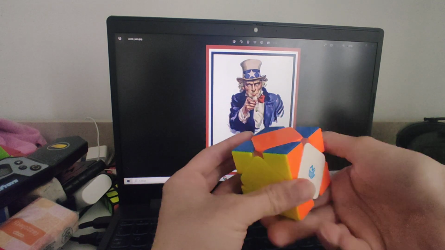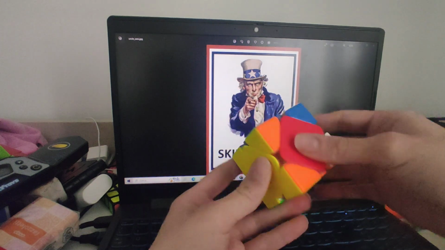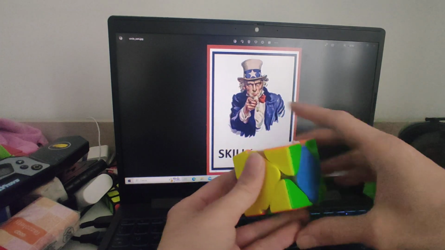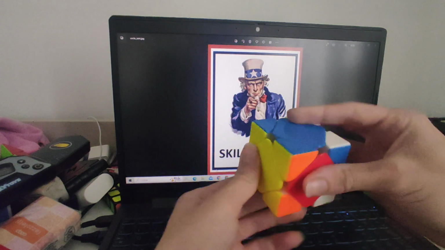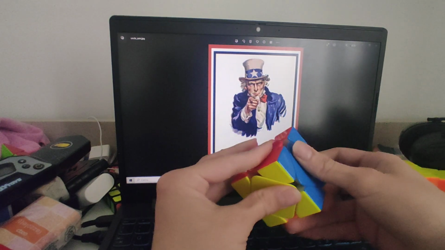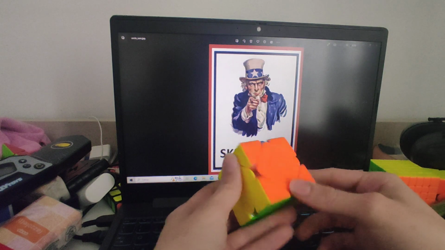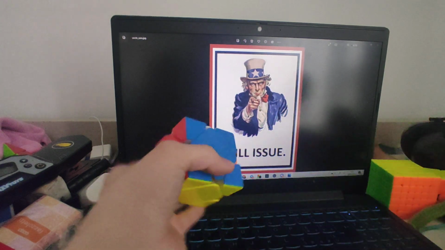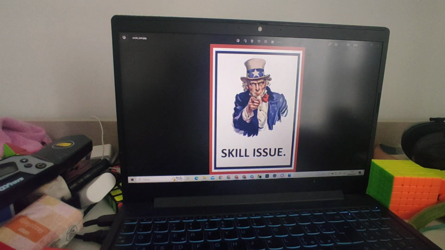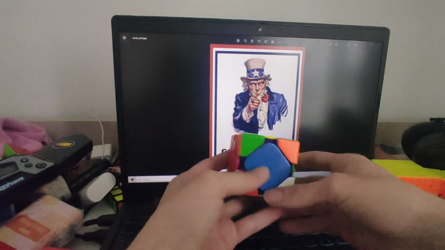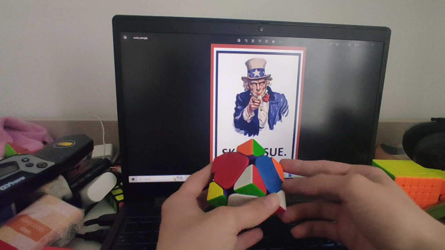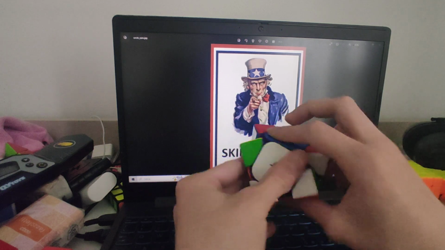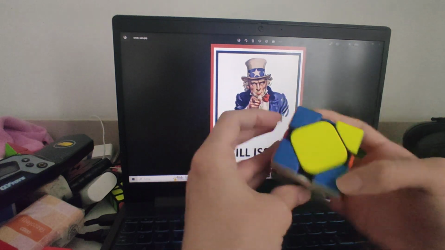Here, I probably could cancel into this one, actually. So I could do this, and then do this. Or in a solve, I might actually have gone with the other one. There also is a white layer in 4, which can be done by solving these 2 corners and then solving this corner.